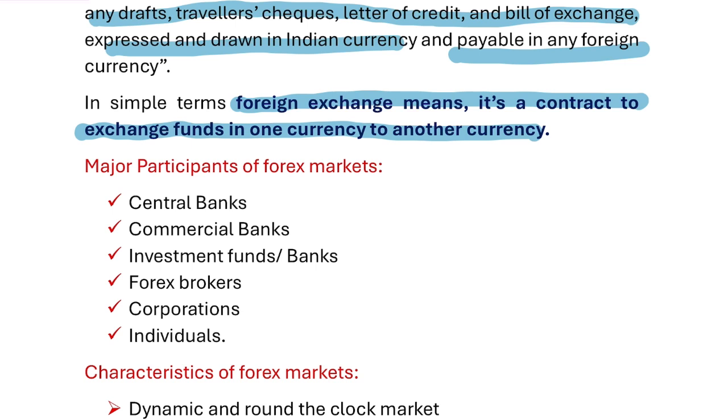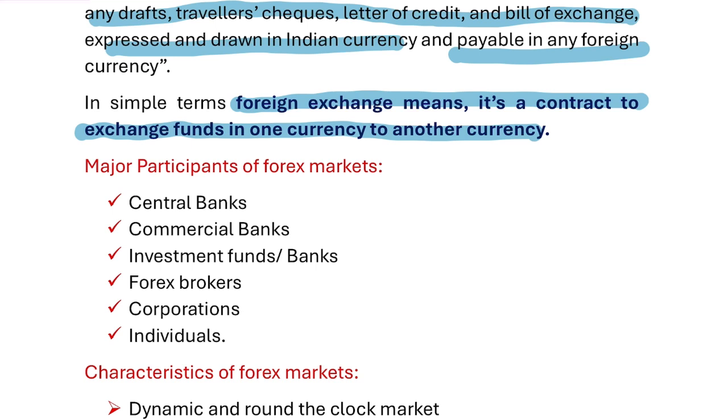And who are the players in the foreign exchange market? The foreign exchange market is a very vast market, a number of players are there, and it's a 24/7 market. Got it? But who are the major players?